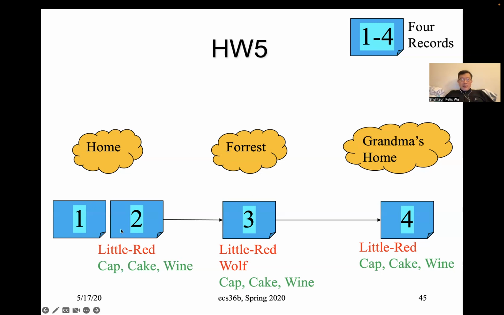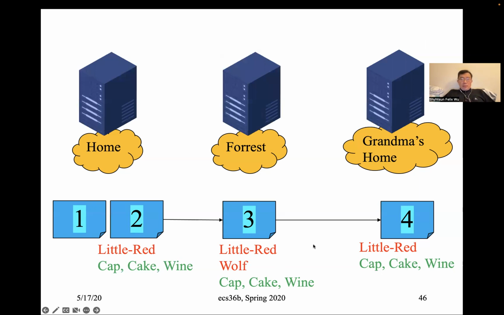The interesting thing is that this is what we ask you to do about object mobility. While we are recreating the story in the object-oriented way, we need to represent where each object is. Each place represents a server, a real computer on the internet, or a program that represents a location.